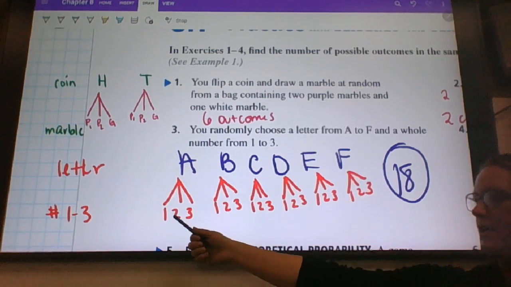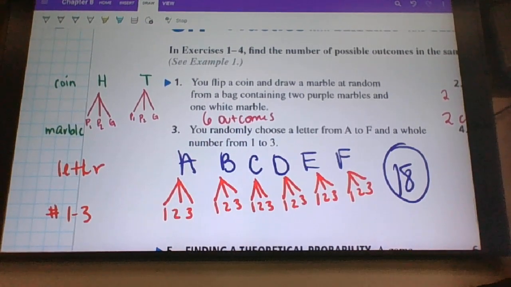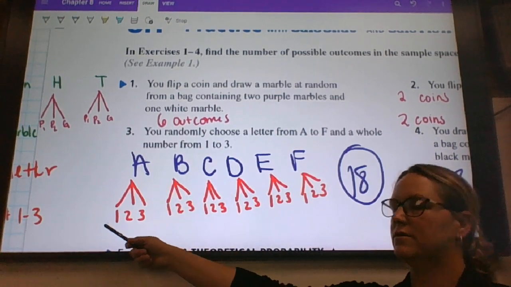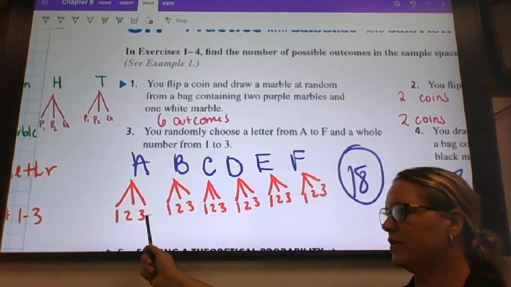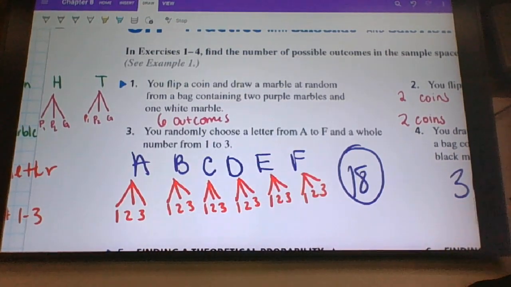Add up all of these, 6 times 3, 18 possible outcomes. So to list the sample space, I would do A1, A2, A3, B1, B2, B3, and that would be the actual sample space.